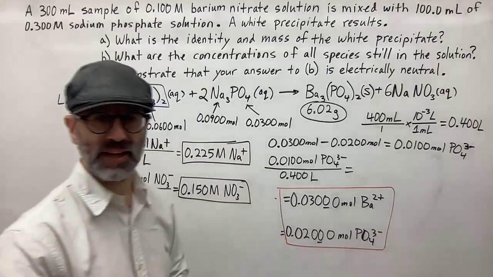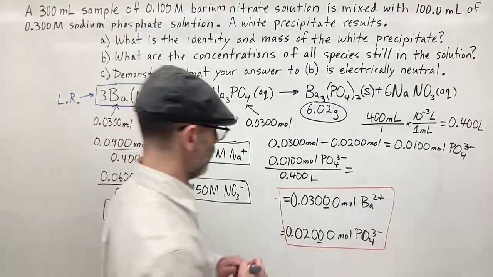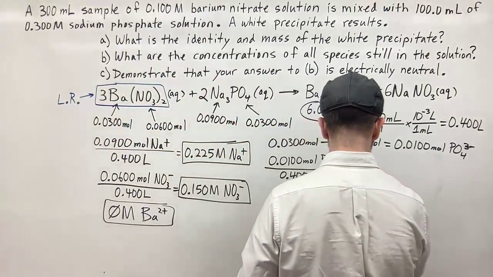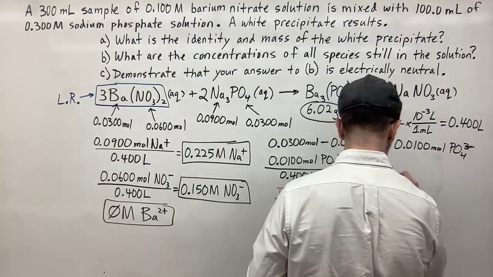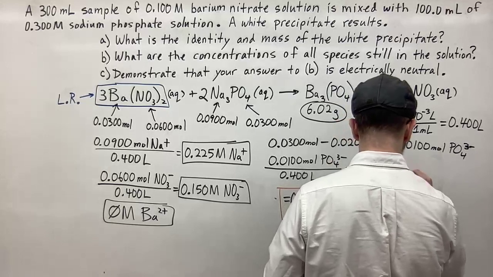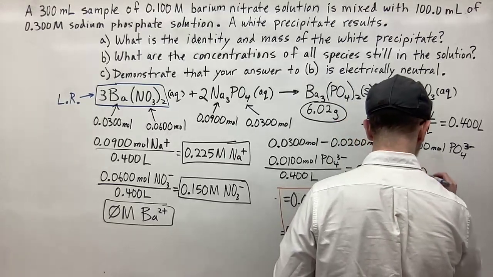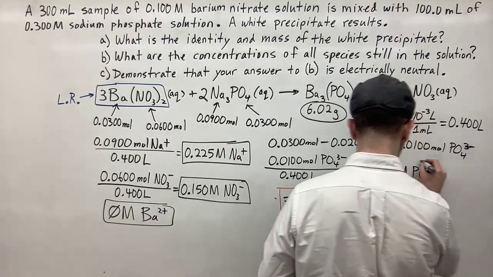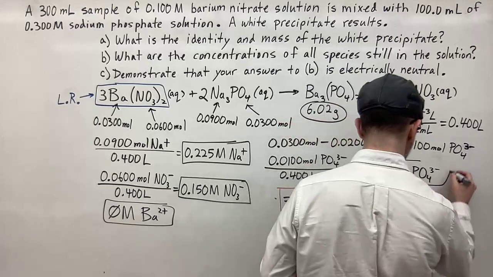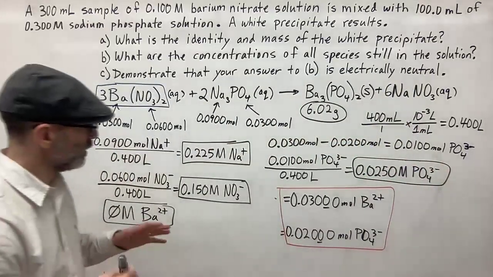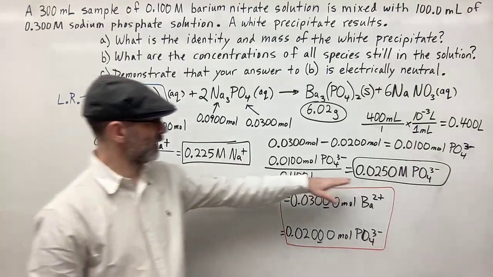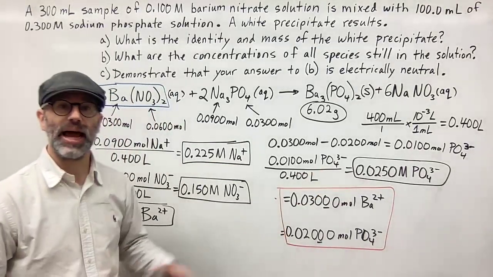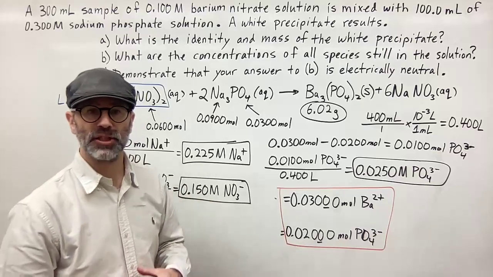Let me double check that. That is correct. So 0.0250 molar PO4 3-. So that, ladies and gentlemen, is the molarity of the ions that are left in solution after the reaction.